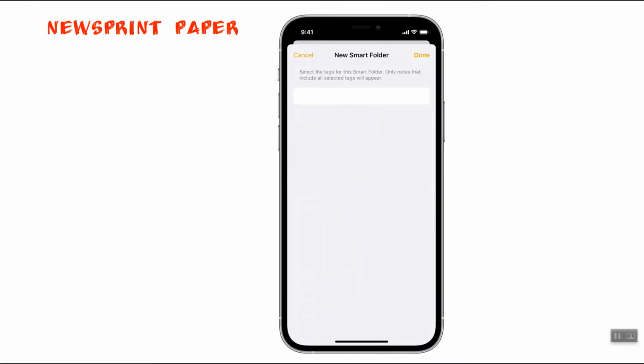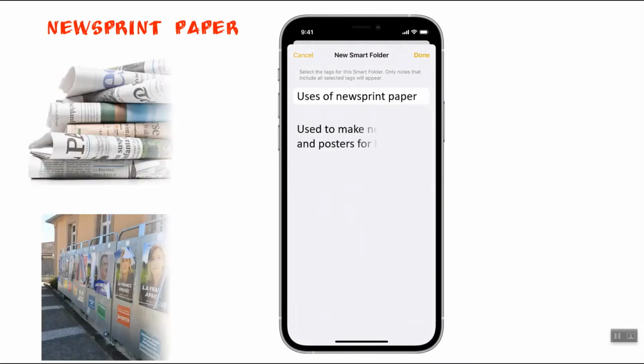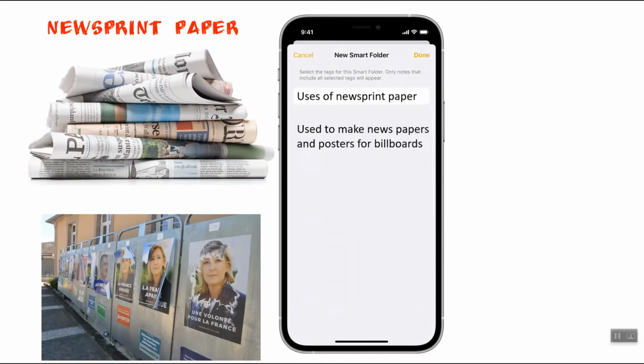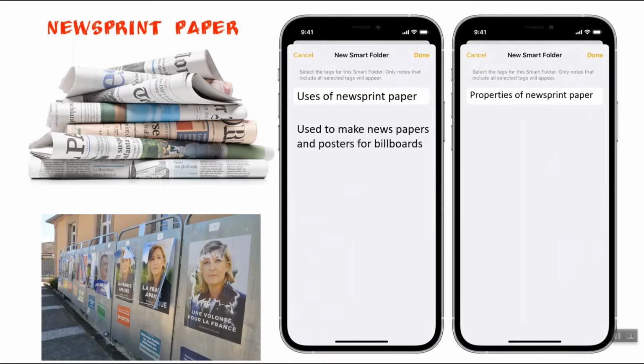So what are the kinds of paper we have? For example, we have what we call newsprint paper. The uses of newsprint paper: it is used to make newspapers and posters for billboards. It is a very poor quality paper. What are the properties of newsprint paper? It is not very durable, it decays very easily.